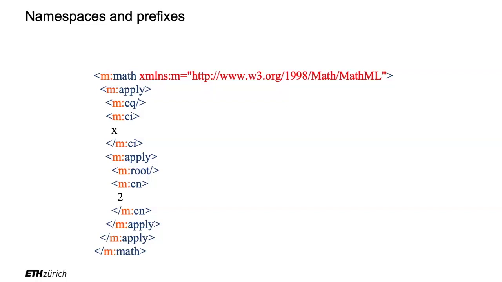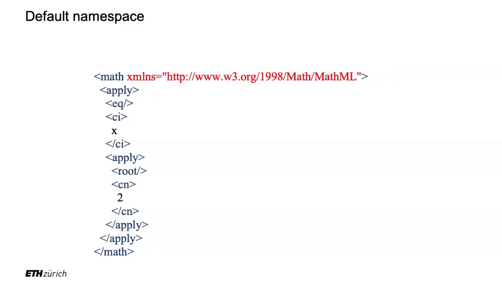And this xmlns, it starts with xml. So this is one of these reserved cases that I told you about. xmlns means XML namespace. It just says we're going to use the shortcut m, the prefix m, as a shortcut for the MathML namespace. You can also do it without any shortcut if you just want to implicitly say that if you don't have any family name, it's implicitly MathML. You can do it as well, right?